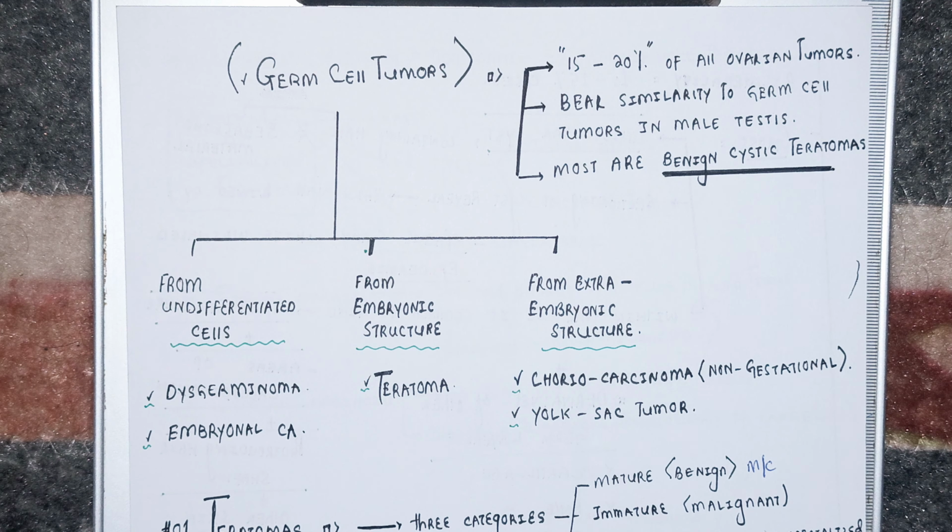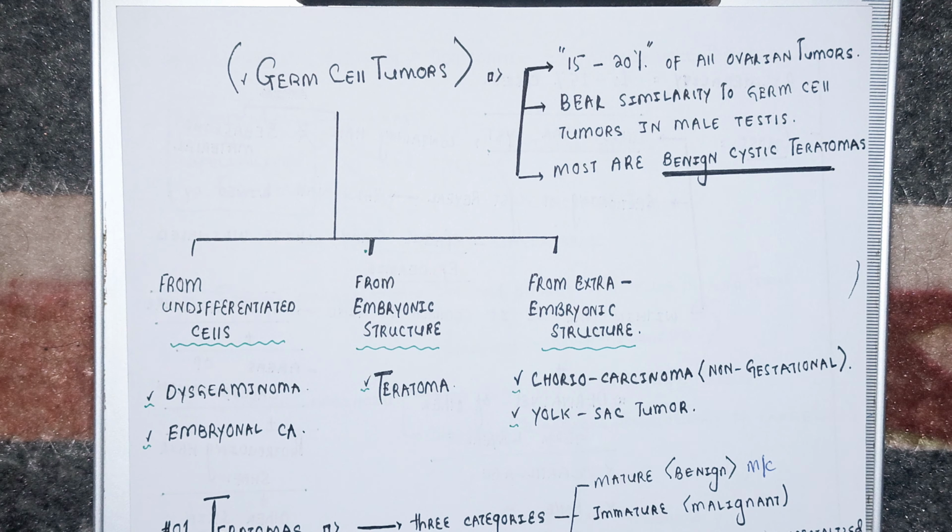This is the classification of the GCTs, that is germ cell tumors. Again, some arise from undifferentiated cells, including dysgerminoma and embryonal carcinoma. Some arise from the embryonic structures, that is the teratoma, which includes the most common variety, and from the extra embryonic structures arise non-gestational choriocarcinoma and the yolk sac tumor.